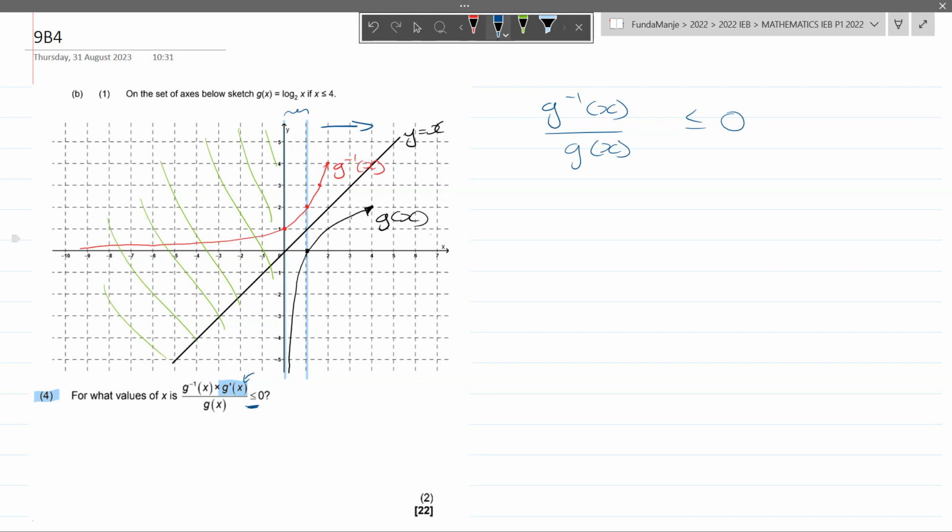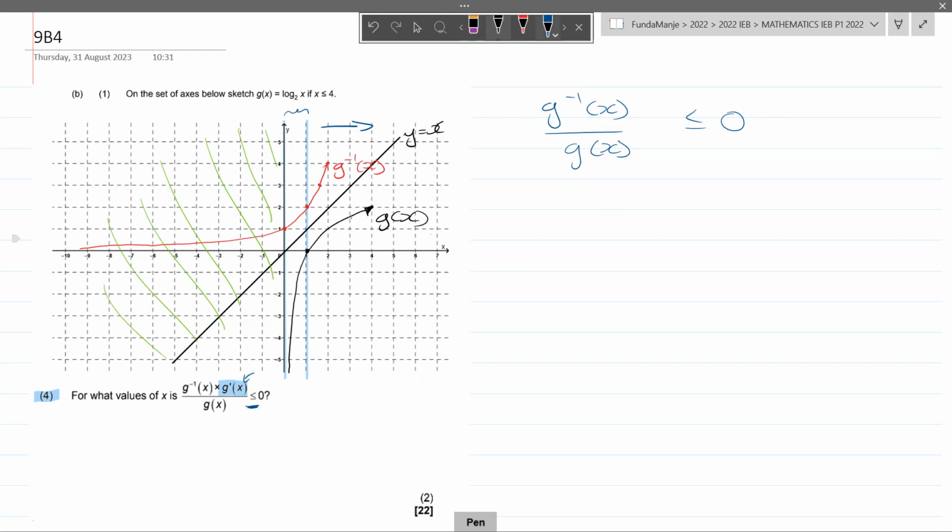And the inverse of g, which is the exponential function, is also returning positive values, at values greater than 1. So this region won't apply because it will just be positive over positive, which will be greater than 0. And we don't want that region.